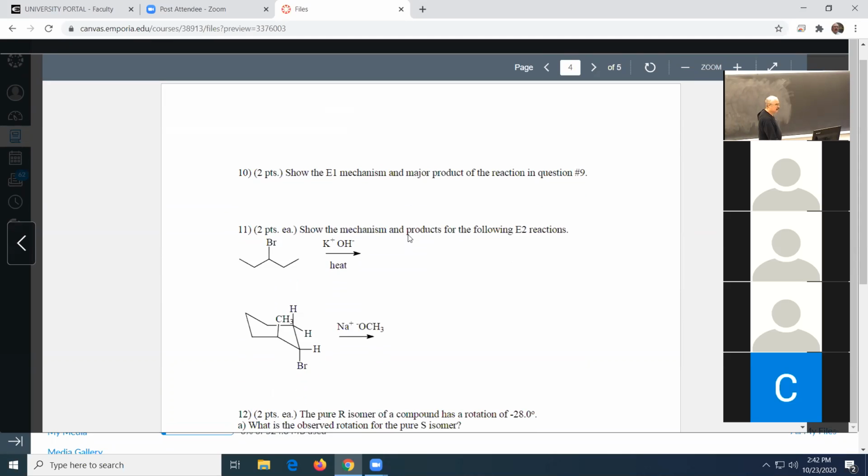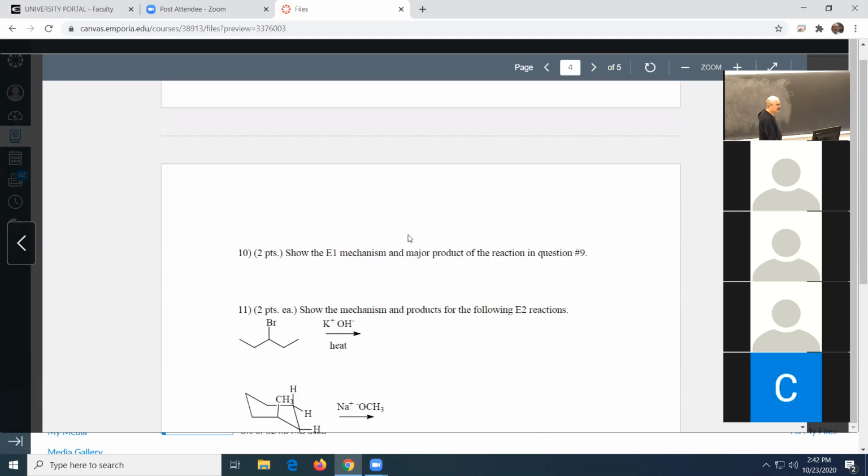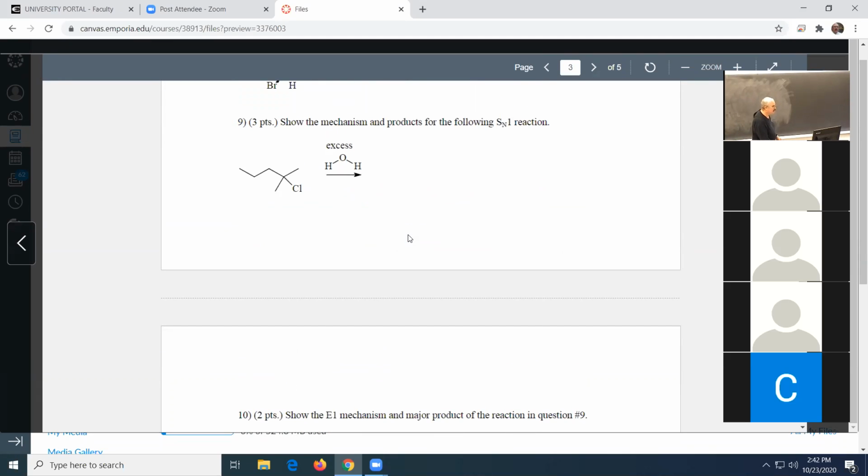Okay, so number 10, show the E1 mechanism for that same reaction. Right, it starts out again with dissociation or heterolysis.